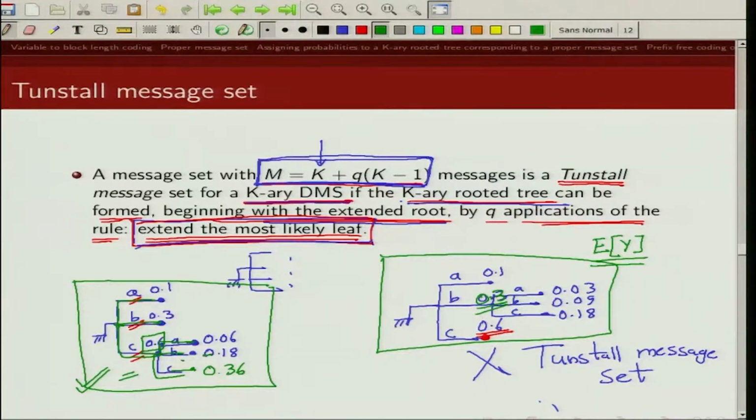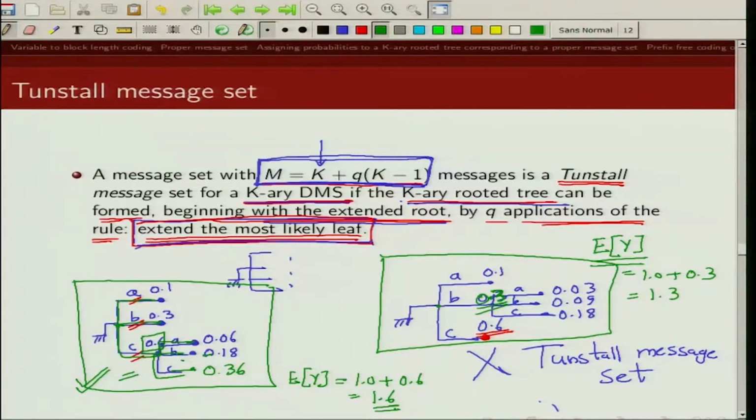In this case I extended a leaf which has 0.3 probability. Now compute the expected value of Y here. In this case it will be 1 plus 0.6, so it is 1.6. What is the expected value of Y here? The root has probability 1 and this node which has just been extended has probability 0.3. So this expected value of Y is 1.3, whereas here it is 1.6.